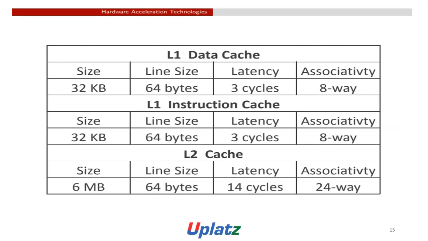L1 data cache size 32 KB, line size 64 bytes, latency 3 cycles, associativity 8-way. L1 instruction cache 32 KB, line size 64 bytes, latency 3 cycles, associativity 8-way. L2 cache size 6 MB, line size 64 bytes, latency 4 cycles, associativity 24-way.